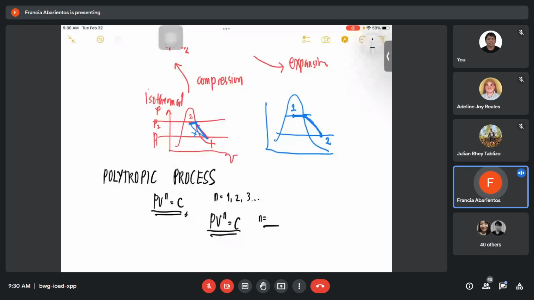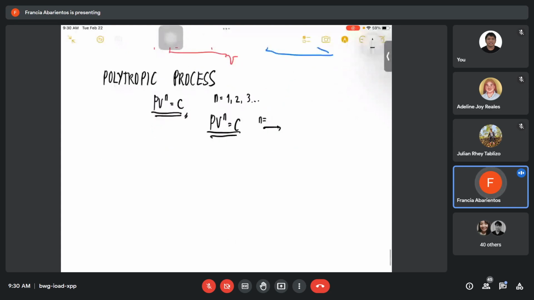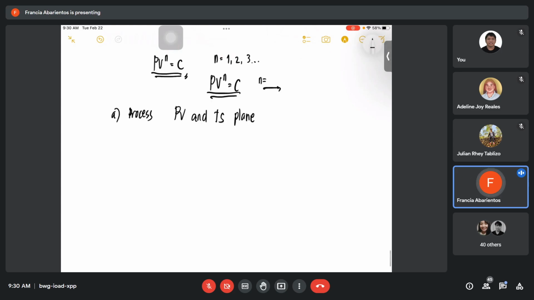Sa polytropic process, ano lang pinagkaiba niya when solving these processes? Sa polytropic process, class, yung process ng PV and TS natin ganito, parehas ng adiabatic and isentropic.